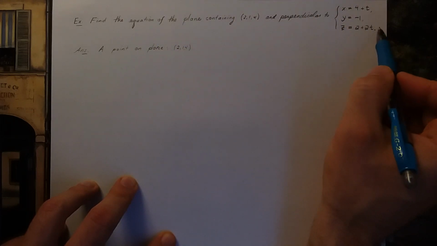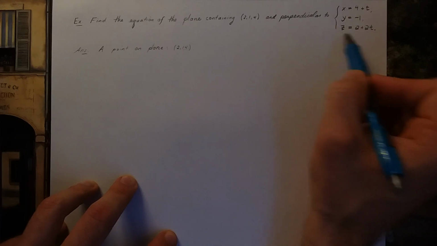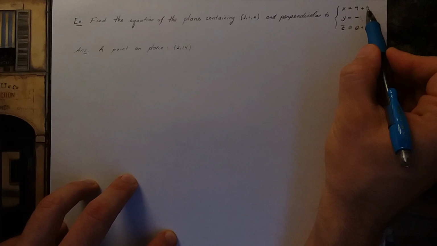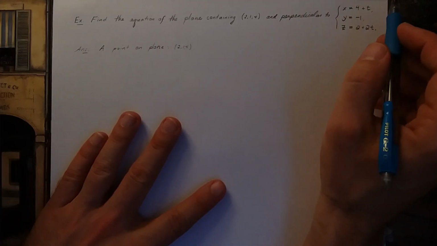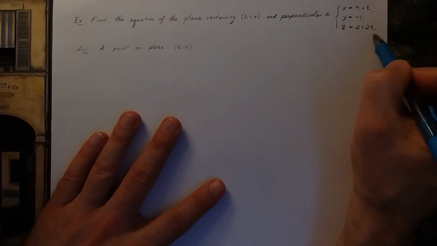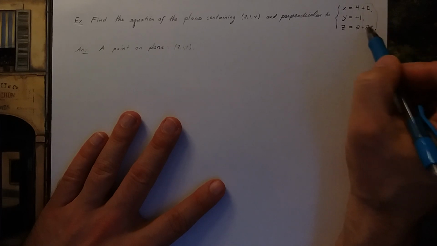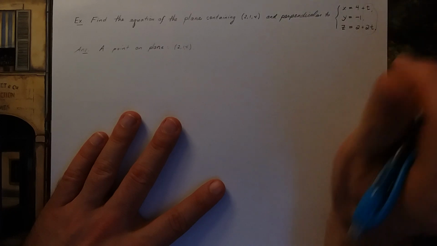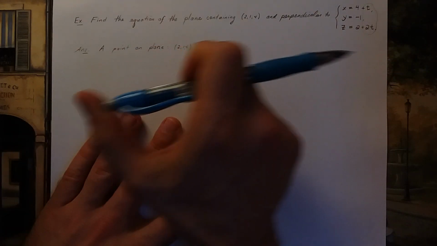I can see from these parametric equations a perpendicular vector. So a vector that's parallel to the line can be found by looking at the coefficients in front of the t variable in these parametric equations. The coefficients in front of the t variables give me a parallel vector to the line.